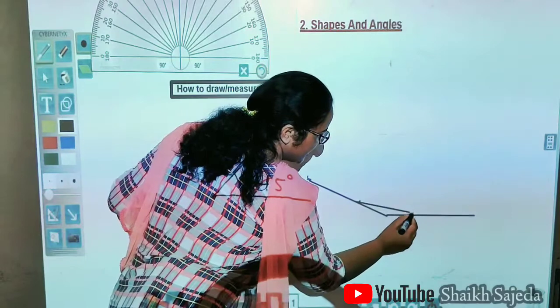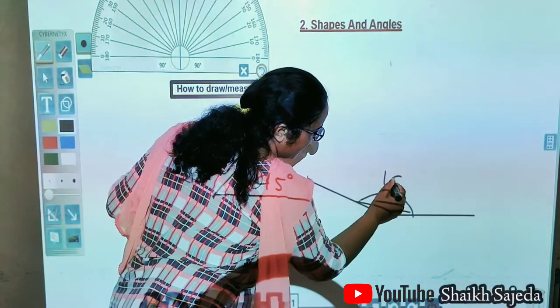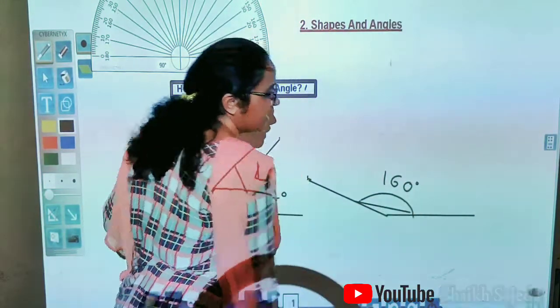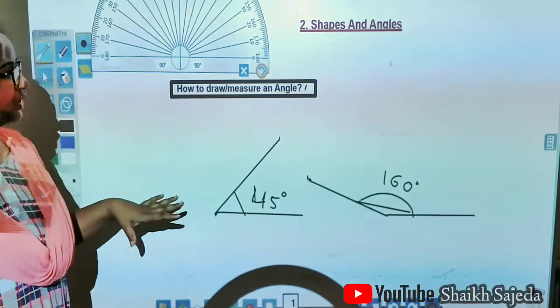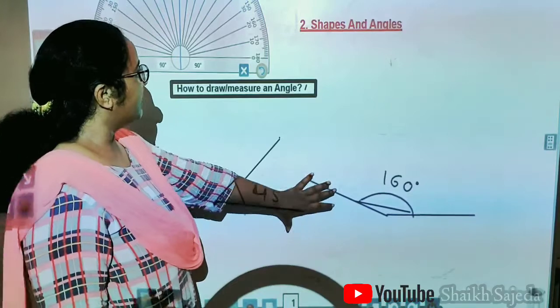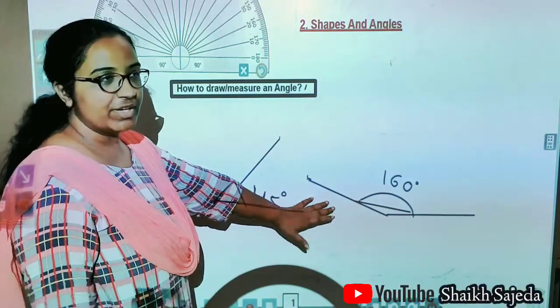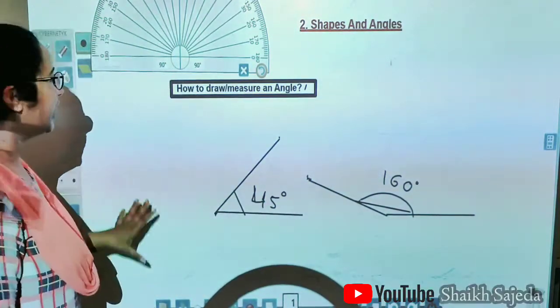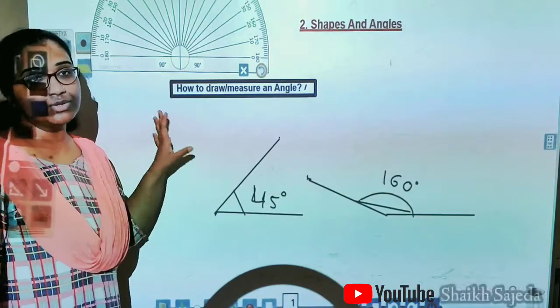So at this point it forms an angle of 160 degree. In this way, using protractor and a scale, you can draw an angle of whatever you are asked to draw. Now this is about how to draw.